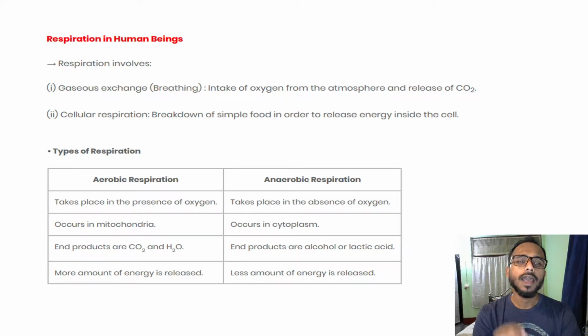Aerobic respiration end products are carbon dioxide and water. In anaerobic respiration, the end products are alcohol and lactic acid. In aerobic respiration, since it occurs in presence of oxygen, more energy is released. In anaerobic respiration, since there is absence of oxygen, less energy is released.